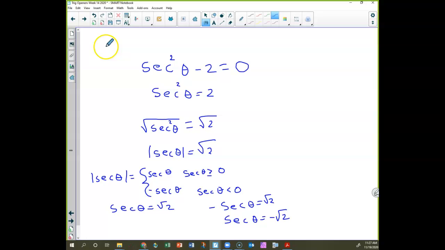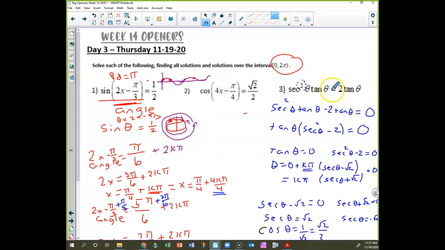Now, sometimes one of the hard things for students about solving trig equations is that it's not the only way to do this problem. I'm going to use Madeline back there as an example. Madeline recognized, hey, I know an identity for this. Secant squared is 1 plus tangent squared.